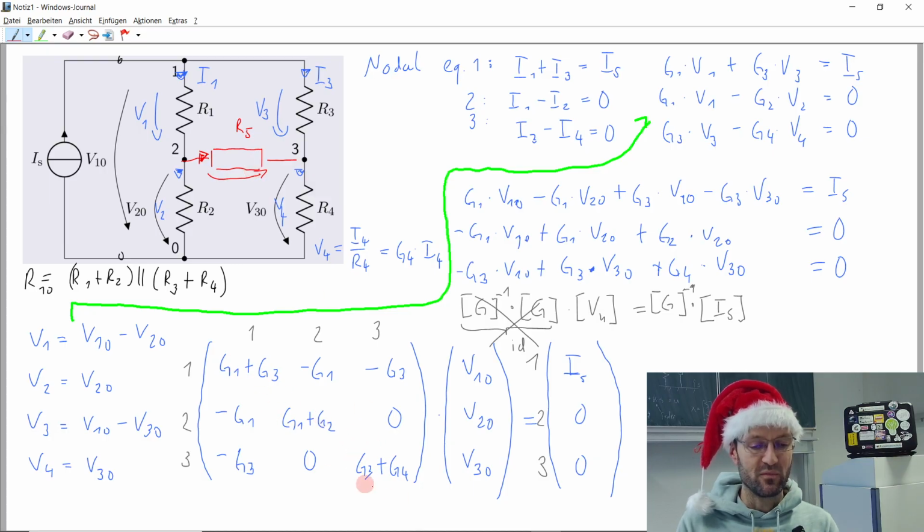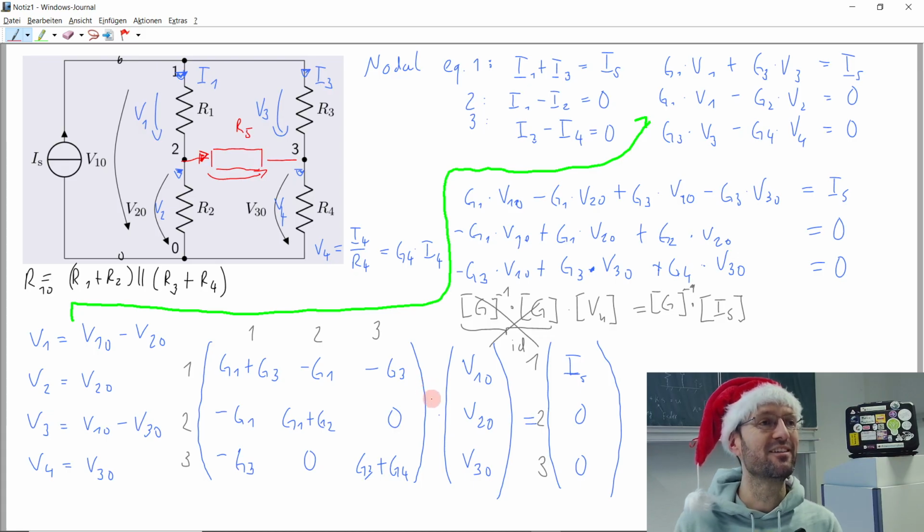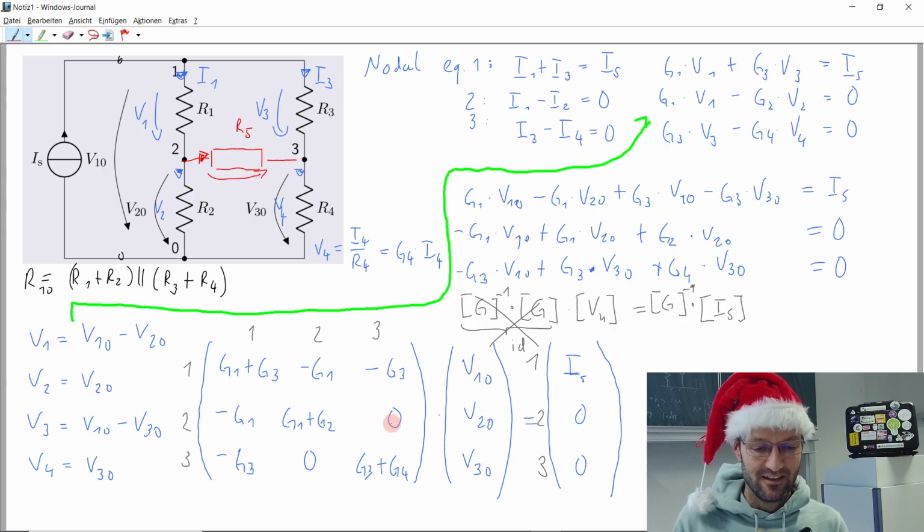And we remember these rules for our matrix here with the conductances. So what does change at this matrix? Yeah, so the zeros should go, and instead of the zeros, now we have a coupling conductance between these two nodes, so we should have the minus G5 here and the minus G5 over there.